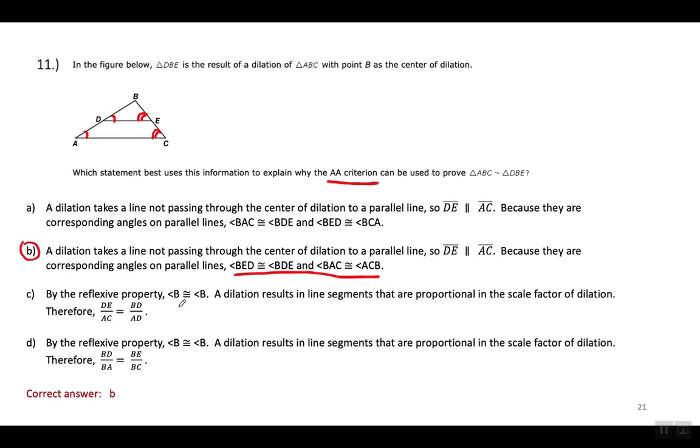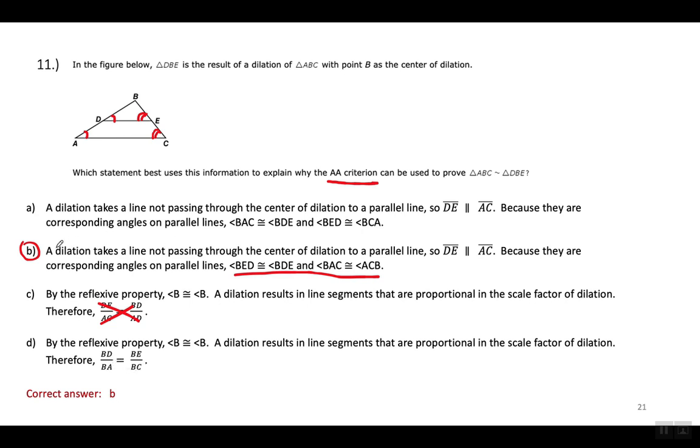However, letters C and D say by the reflexive property, angle B is congruent to angle B, and dilation results in line segments that are proportional in the scale factor of dilation. First of all, in letter C, this proportion is wrong, but in letter D, BD over BA equals BE over BC, and this proportion is correct.